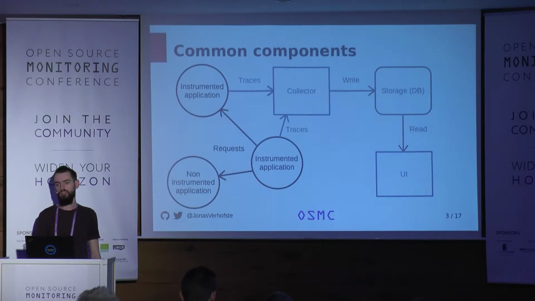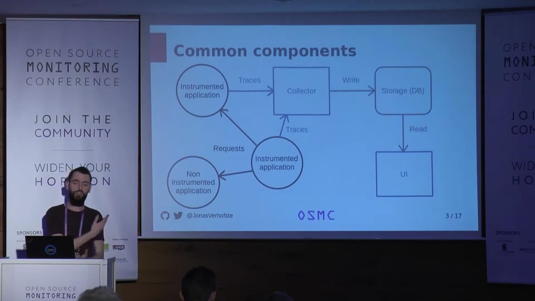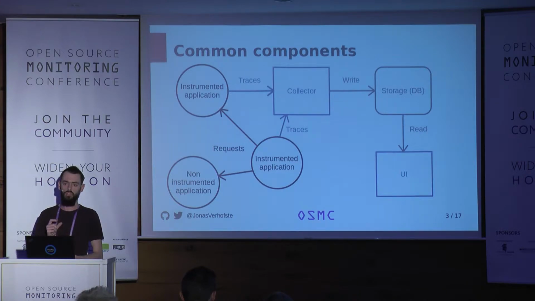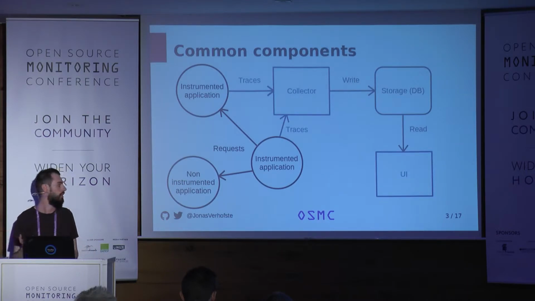So common components of a distributed tracing system, the backend: you have an instrumented application. It can do requests to a non-instrumented application or to another instrumented application. It will send headers with the requests, so there's correlation between the spans. These spans then get sent to a collector, and that collector will correlate the different spans and then store them in a storage part.